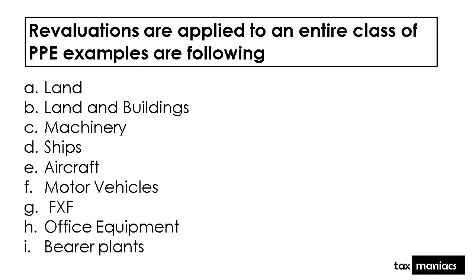A class of PPE is a grouping of assets with similar nature. The following are examples of separate classes: land, land and buildings, machinery, ships, aircraft, motor vehicles, furniture and fixtures, office equipment, and bearer plants.